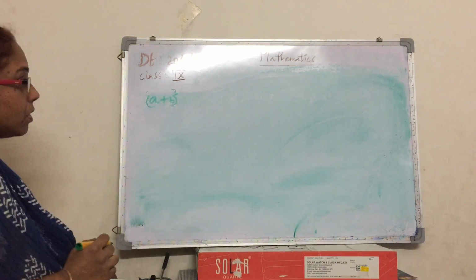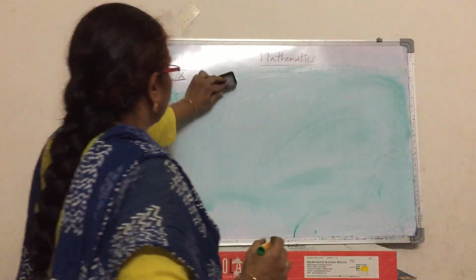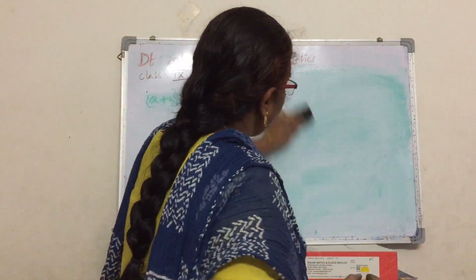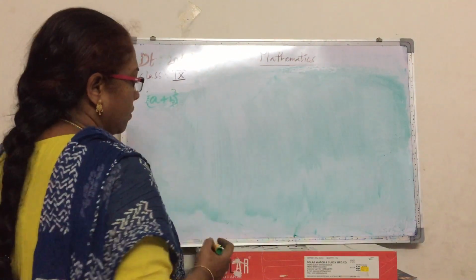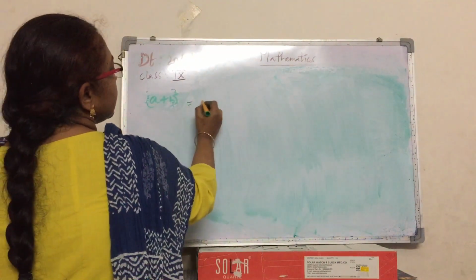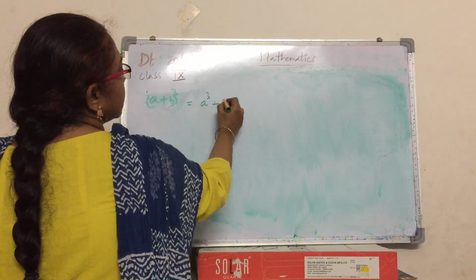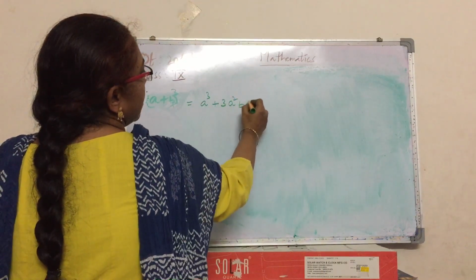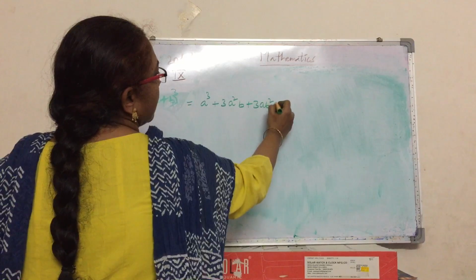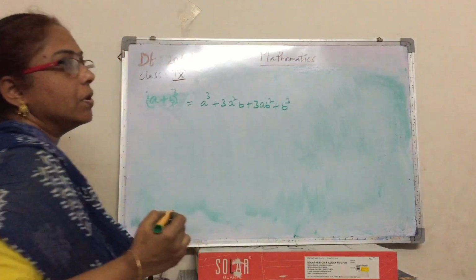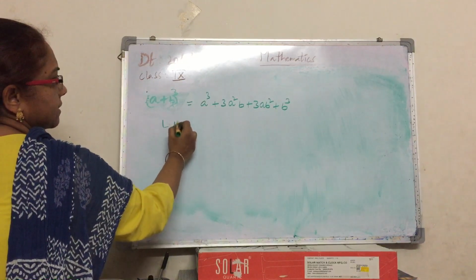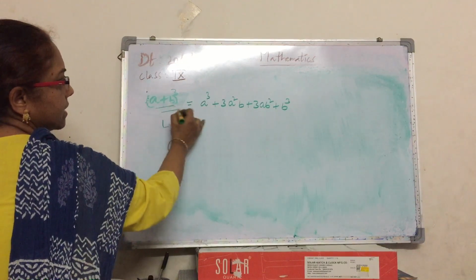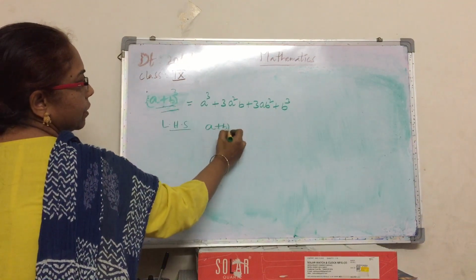What is the a plus b whole cube? Here this is equal to a cube plus 3a square b plus 3ab square plus b cube. Okay. Now take the LHS. What is LHS here? A plus b whole cube.